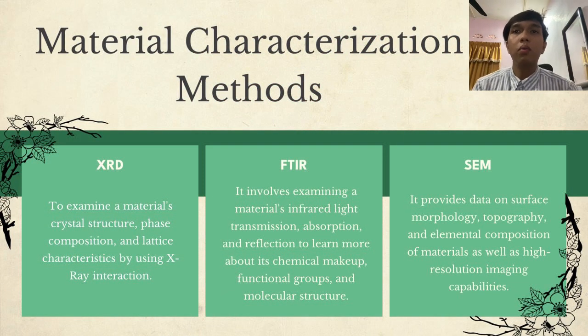Now, I will explain what XRD, FTIR and SEM are. XRD is the technique used to examine a material's crystal structure, phase composition and lattice characteristics by using X-ray interaction. FTIR is the technique which involves examining a material's infrared light transmission, absorption and reflection to learn more about its chemical makeup, functional groups and molecular structure.